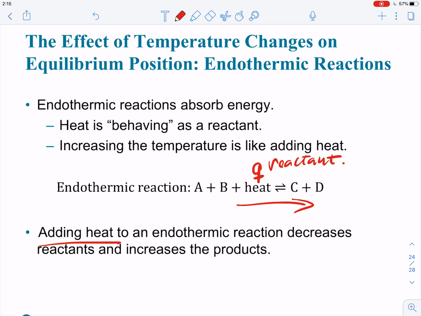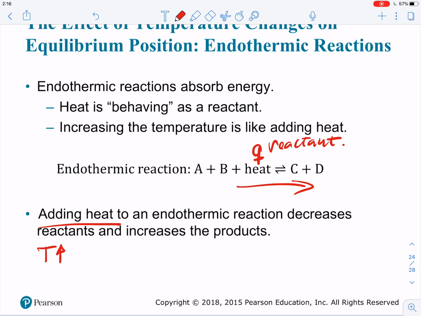Okay, so in this case, if we see this from the point of view of K, for an endothermic reaction, if you increase the temperature, because you are increasing the amount of products, then K will increase, and if you decrease temperature, then K will decrease.